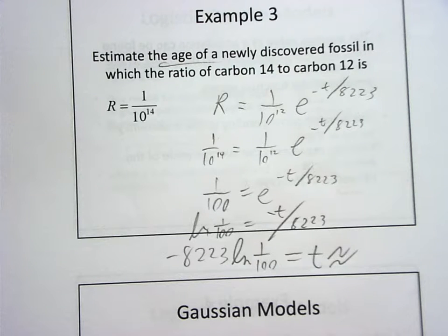Since we're talking on this kind of time scale too, let's just round to the nearest year. What do you get? 30,000. Say that again? 37,000? Did I miswrite something? 8223 is the right number. Just a second.